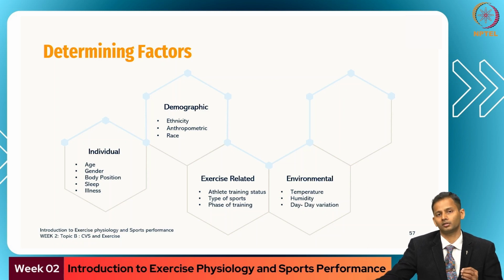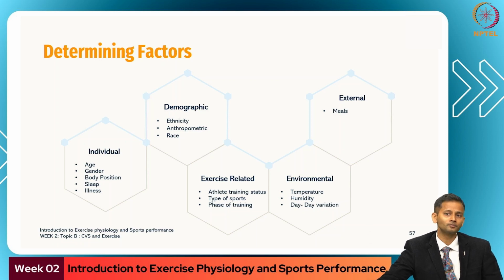So the measurement that you make to monitor your progress has to be in a fixed position as well as at a fixed time of day. The other factors are what you consume, the pre-workout meal or pre-assessment meal. If you are doing an assessment and the individual has a full stomach, the cardiovascular responses will be different.